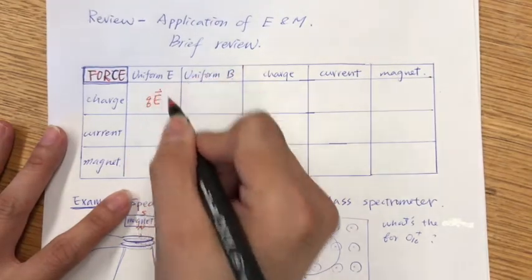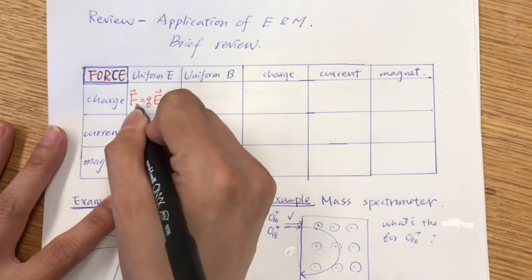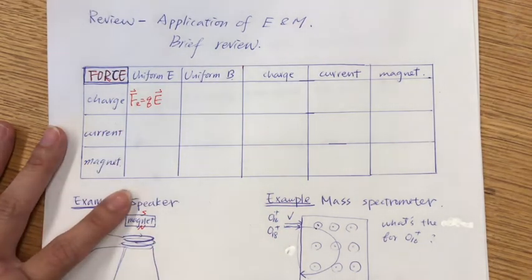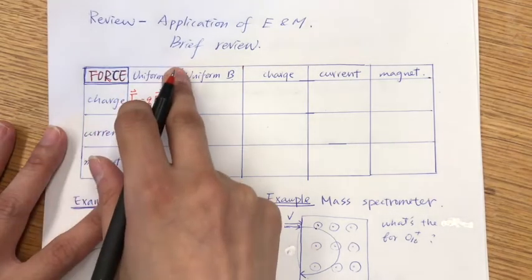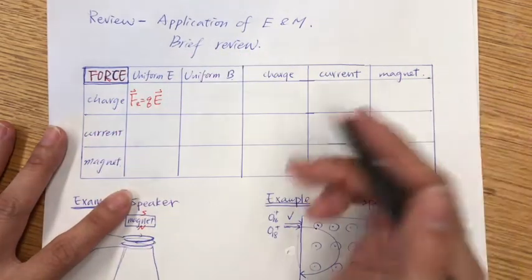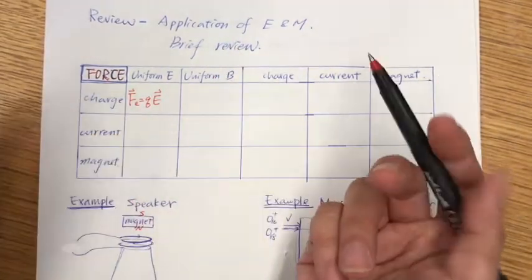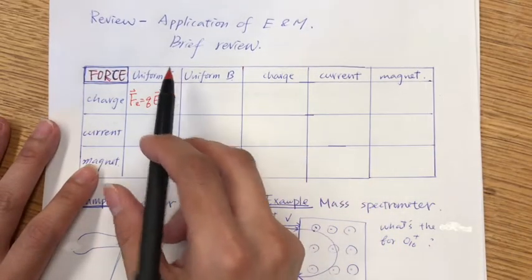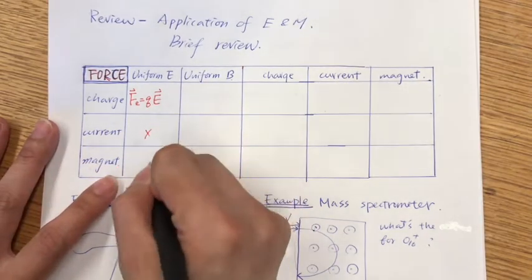Where electric field is a vector, so totally it will feel an electric force, which is QE. And if I put a current in the electric field, then nothing happens, because current is just like a straight wire. The net charge on the current is 0. It does not react to electric field, and so does magnet, so nothing happens.